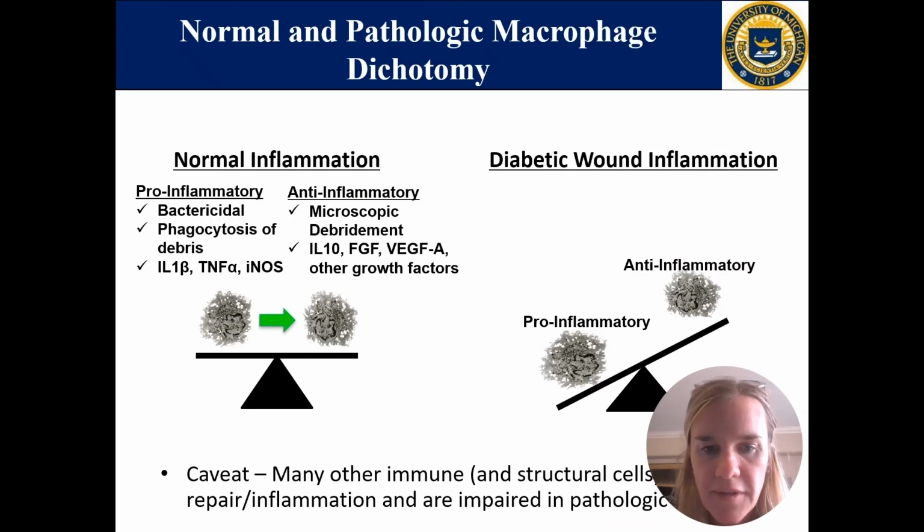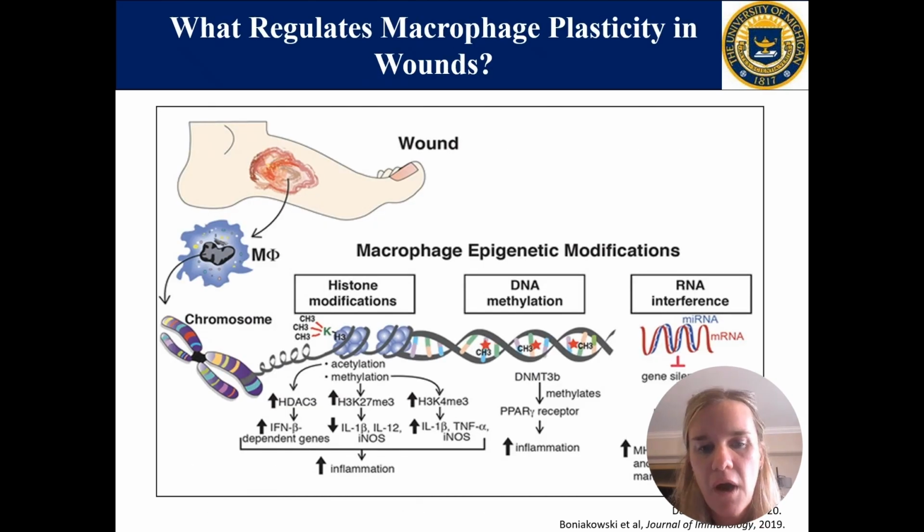But we know that in diabetes, you have this inflammatory phase where you don't seem to have these macrophages transition from the inflammatory phase to the reparative phase. And so our group has really looked hard at why that would be. A lot of our initial work was based on this concept of macrophage plasticity, and why macrophages do not transition from this inflammatory to this anti-inflammatory phase and allow the wound to progress through this normal cascade.